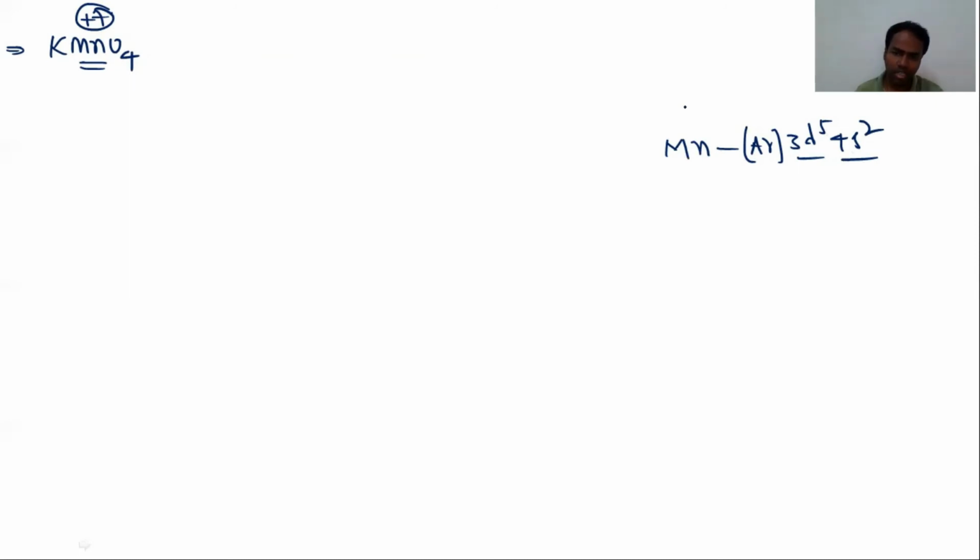So manganese can show a maximum of +7. After losing to reach +7, manganese gets the argon configuration. It cannot lose further electrons, but it may gain electrons. Gaining of electrons is called reduction. The compound that undergoes reduction is called an oxidizing agent. So KMnO4 acts as only an oxidizing agent.